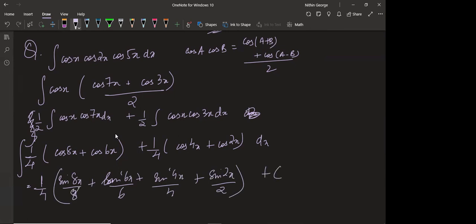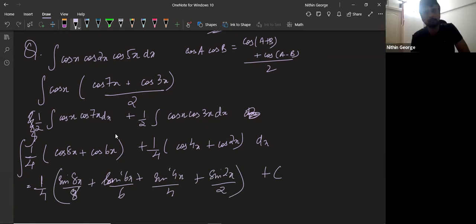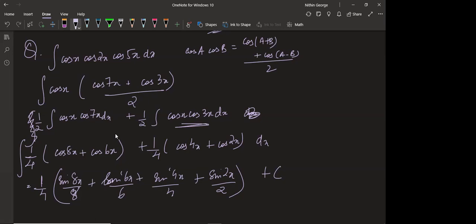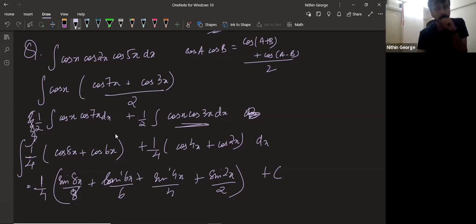Sir, is it not cos 3x and cos x in the third step? This one? What about this? So 1 by 4 into cos 8x plus cos 3x. Third step. Did I just underline the correct step, or is it the upper or lower step?